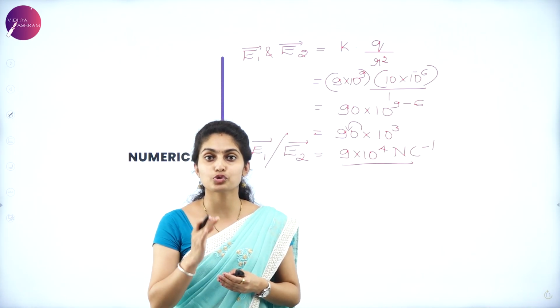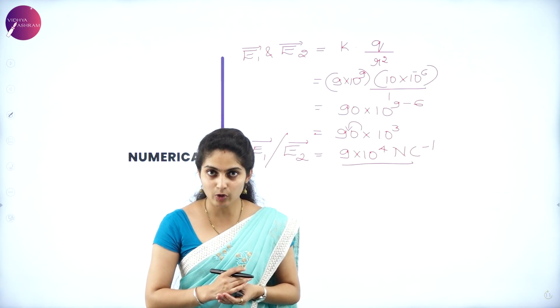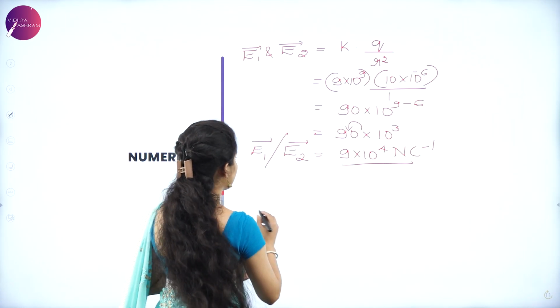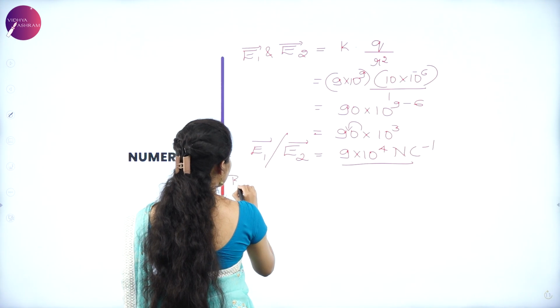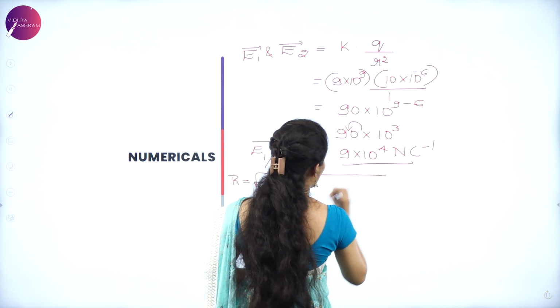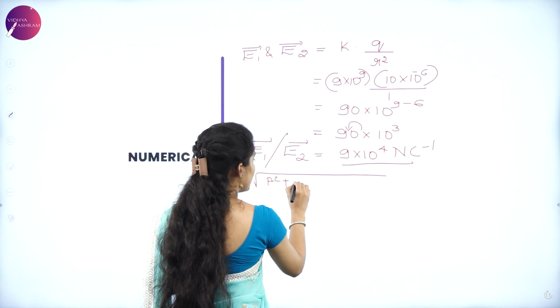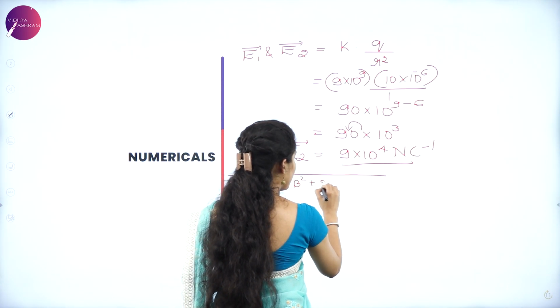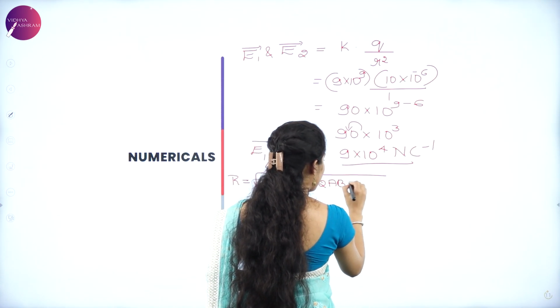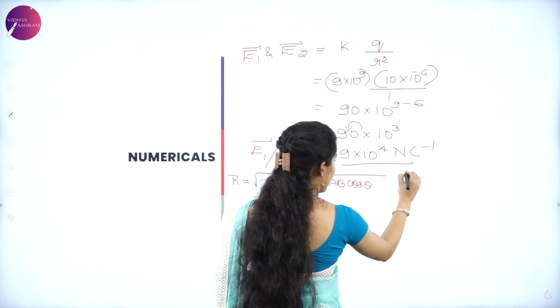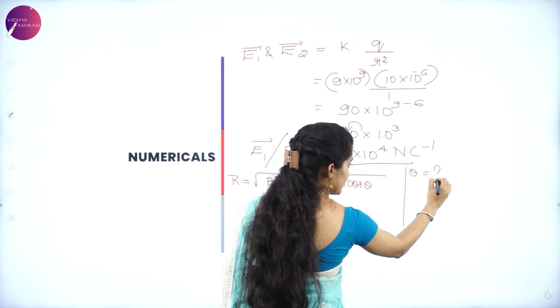Now your work is to solve for the parallelogram law of vector addition formula. That is, you have got R is equal to root of A square plus B square plus 2AB cos theta. We don't know what is theta.